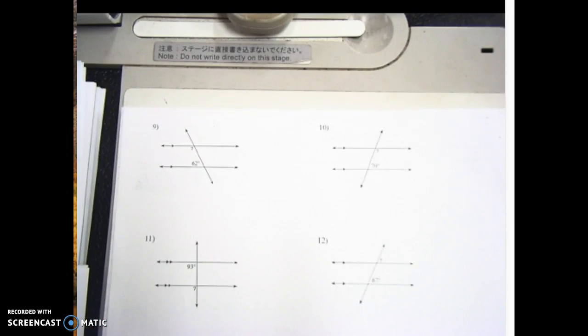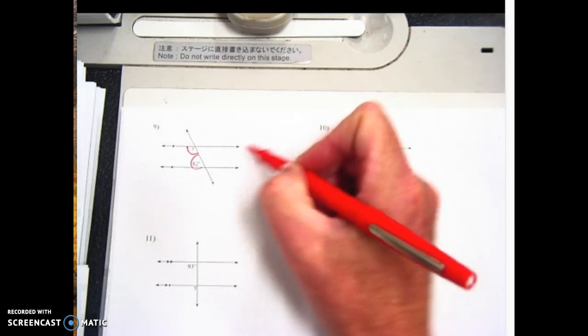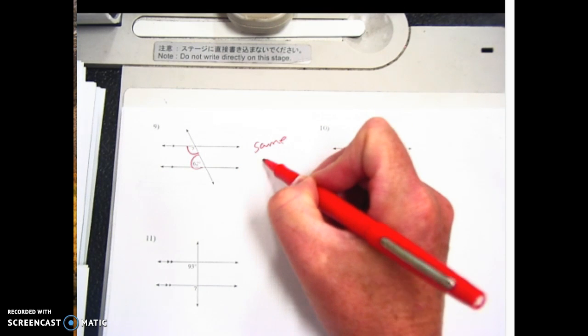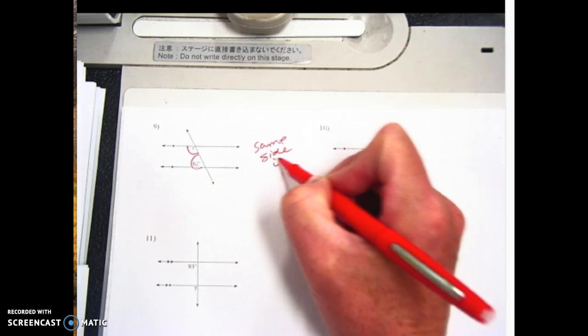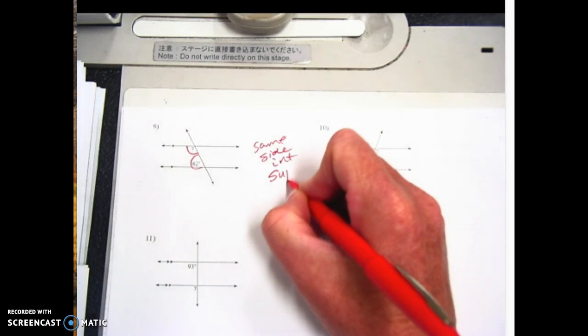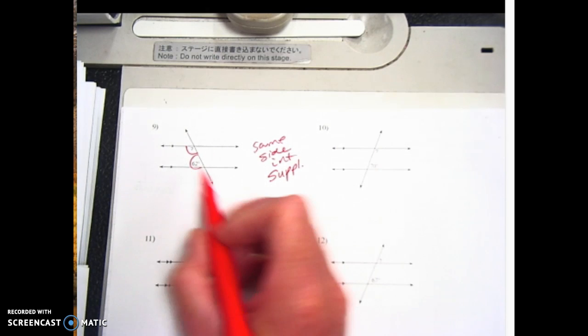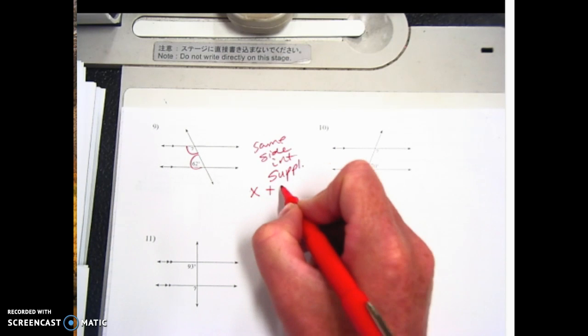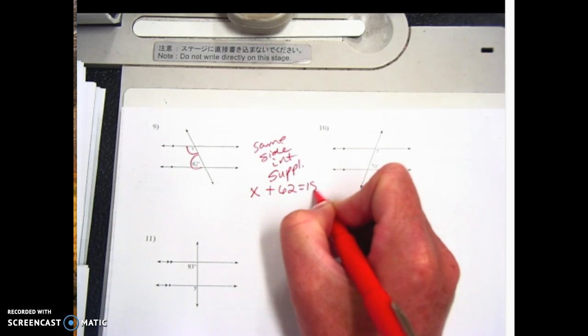On page 2, number 9, these are same side interior, and they shouldn't be congruent. They should be what we call supplementary. That means they should add up to 180 degrees.